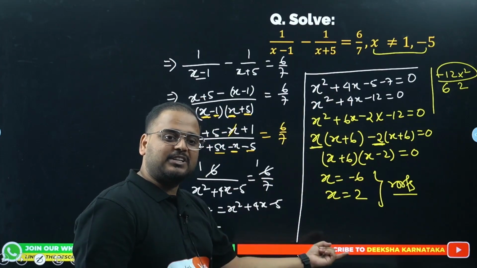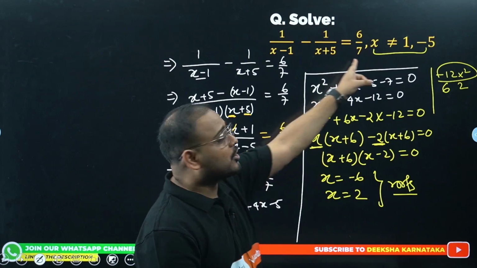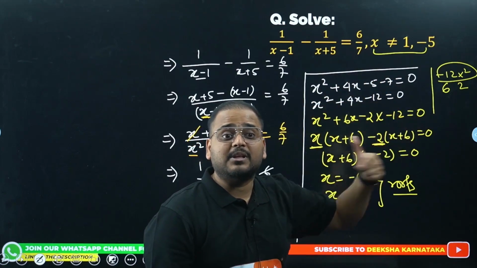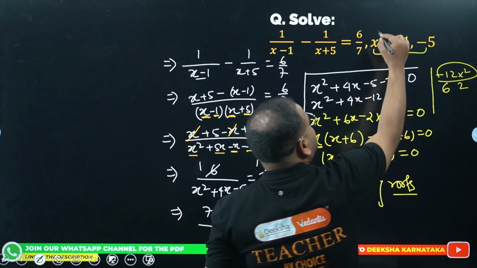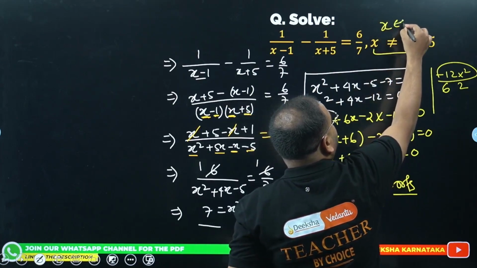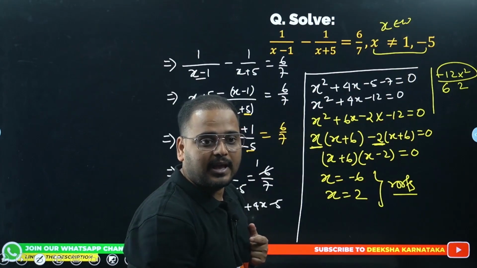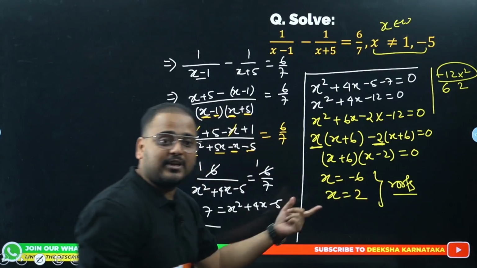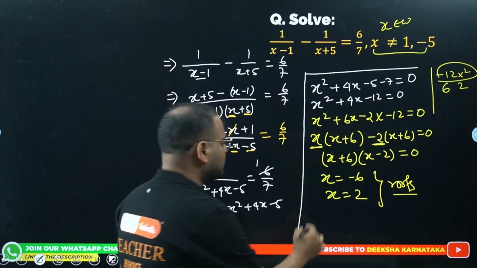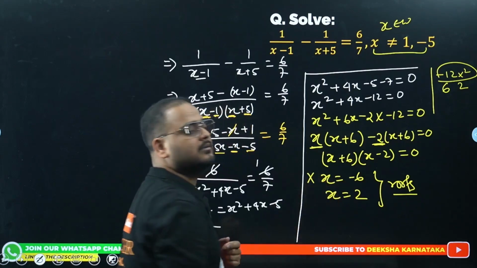In any question, after getting your answer, cross check the question statement. Sometimes they'll say, let's say they've said here that x is a whole number. Is minus 6 a whole number? You've written answer as minus 6. You'll get it wrong, no? Then this will become incorrect.